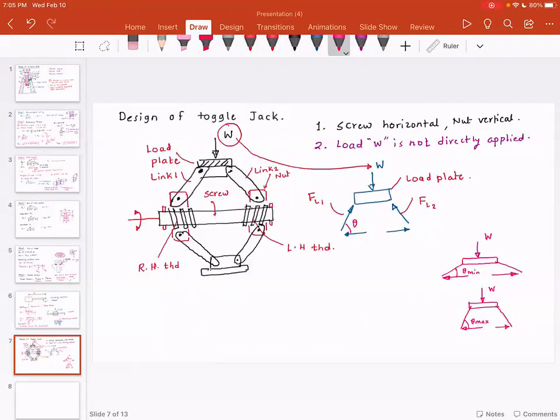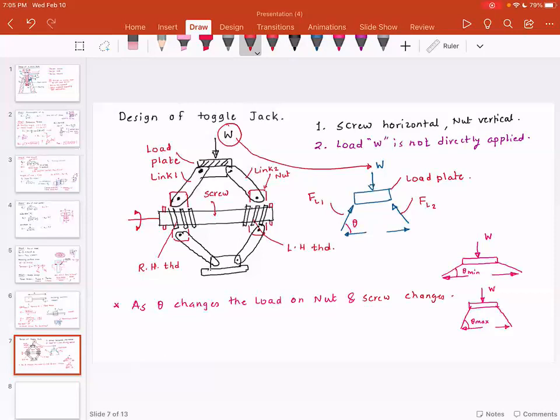So which means even though W is remaining the same, since the relative angle between these links is changing, the actual load on the screw is changing. So please note, as theta changes, the load on nut and screw changes.